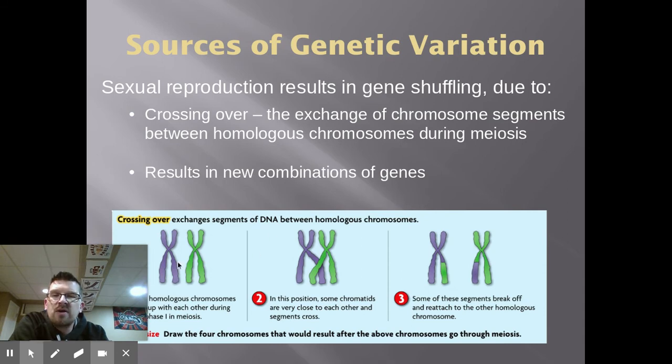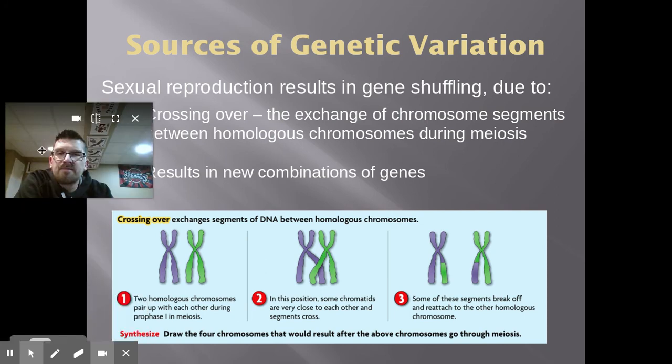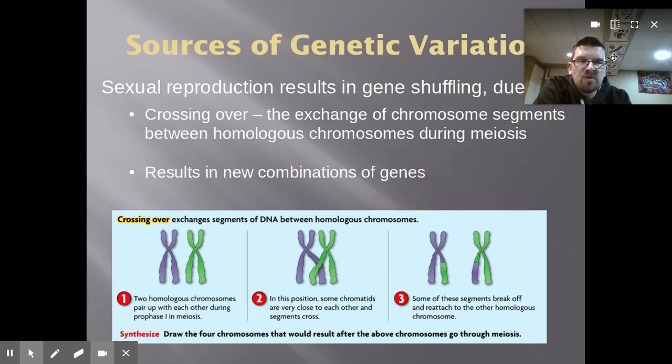Here's an example. Down here in the bottom left, you can see it says two homologous chromosomes pair up with each other during prophase 1 in meiosis. A homologous chromosome is chromosomes that are identical in what they contain. They can be different versions, but they're going to contain the same genes.